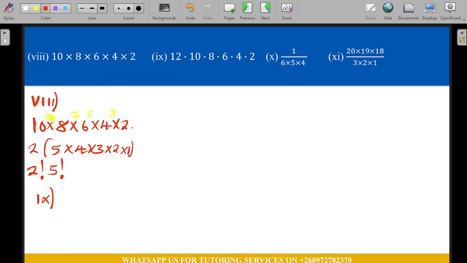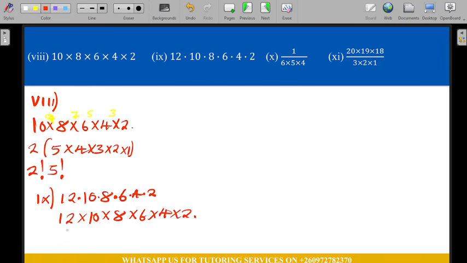Then moving to 9, we have 12, 10, 8, 6, 4, and 2. These dots represent multiplication. This means it is 12 times 10 times 8 times 6 times 4 times 2.